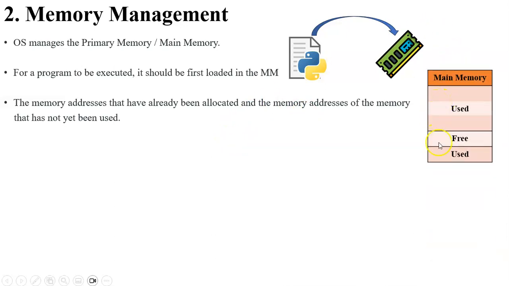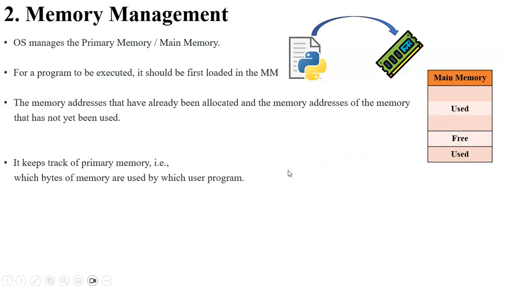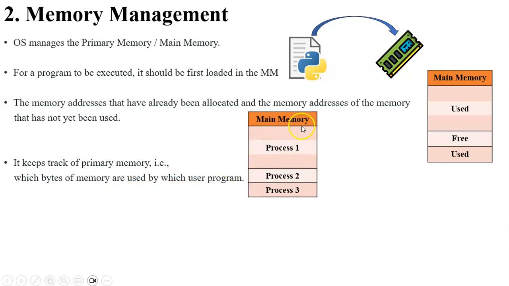See, out of this main memory, how much space is used and how much space is free. This track is also kept by the memory management function. Then it keeps track of primary memory, that is, which bytes of memory are used by which user program. Let's say this is process P1, this is process P2 and process P3.